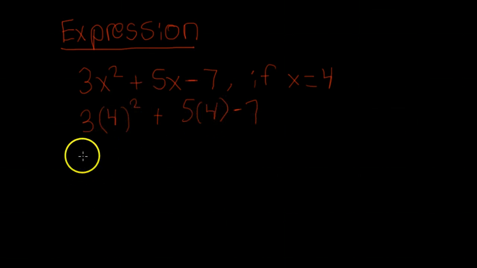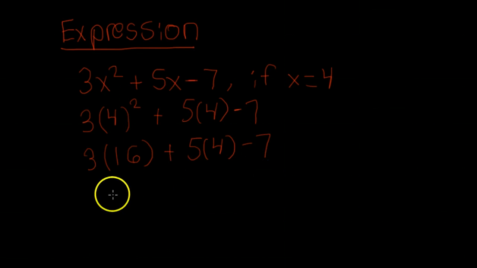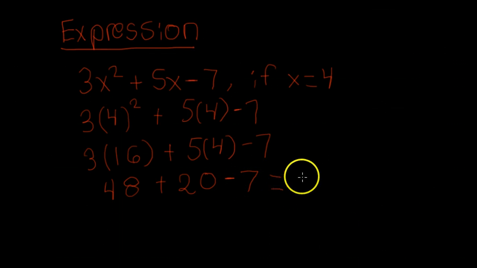So then, to simplify, we're going to have 3 times 4 squared, which is 16, plus 5 times 4 minus 7. And then 3 times 16 is going to equal 48, plus 5 times 4 is 20, and minus 7, which is going to equal 61.